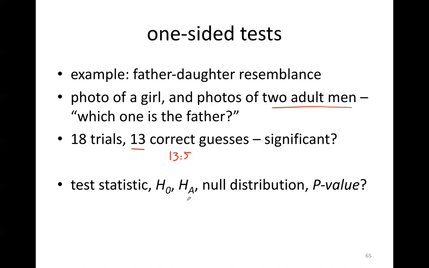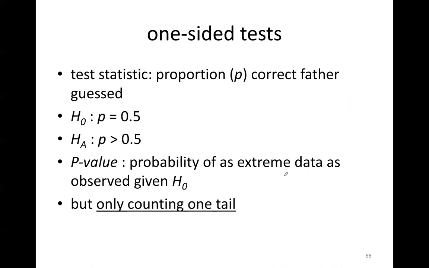The alternative hypothesis would be the proportion being larger than 50%, more correct guesses than expected, and then we can calculate the null distribution again using simulation or using the binomial probability, and then finally we can calculate the p-value.